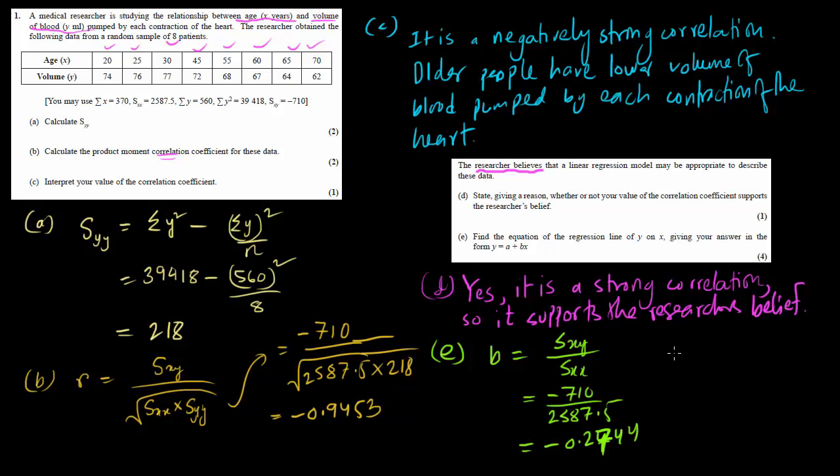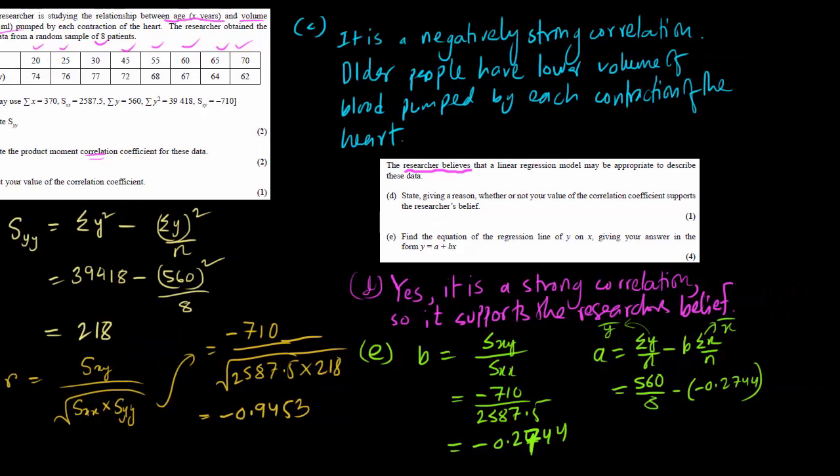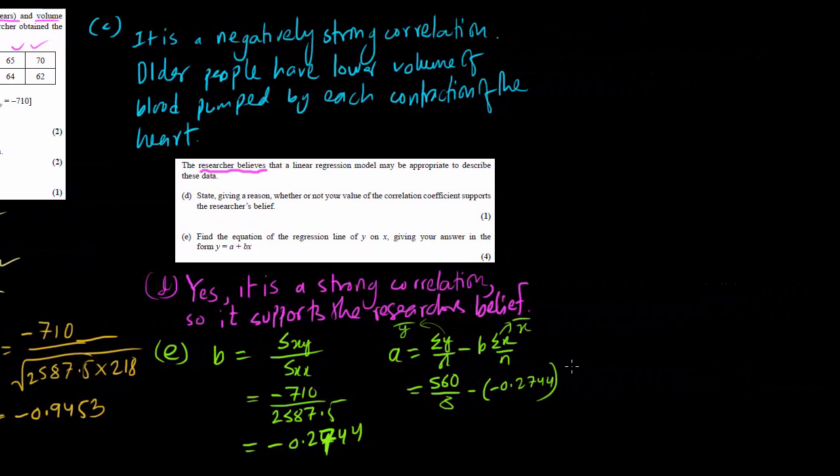Now we have to find the value of a. The value of a is summation of y by n minus b times summation of x by n. Now summation of y by n can also be written as y bar. Summation of x by n can also be written as x bar. There's another way of writing it down. So we know summation of y is 560, and there are 8 data, and the value of b is minus 0.2744, and if you multiply this, x is summation of x, 370 divided by 8.